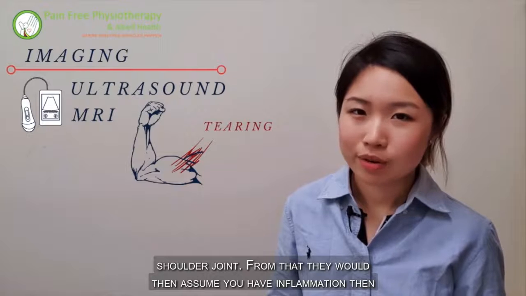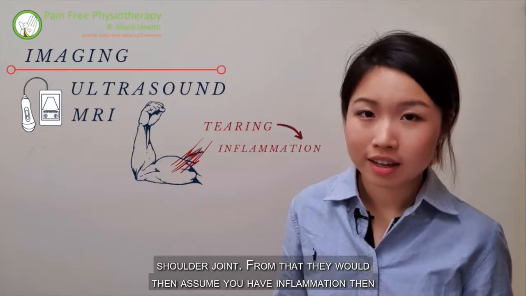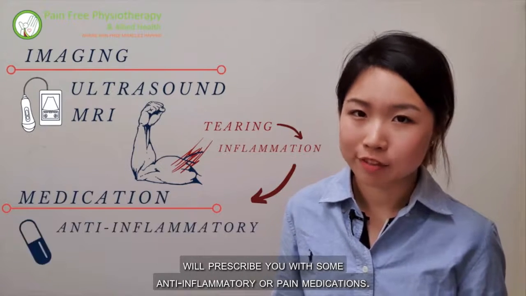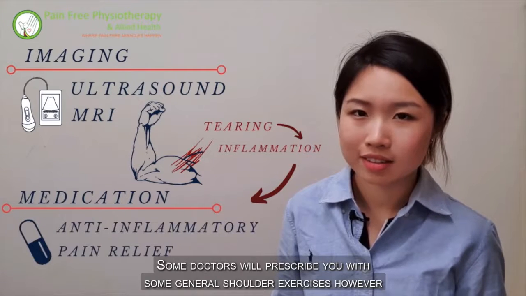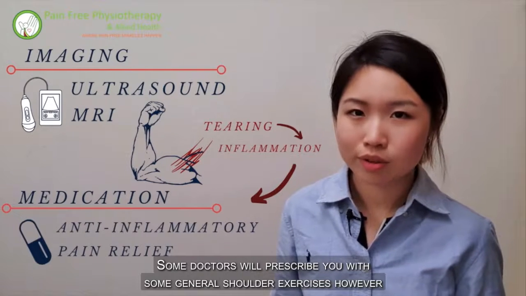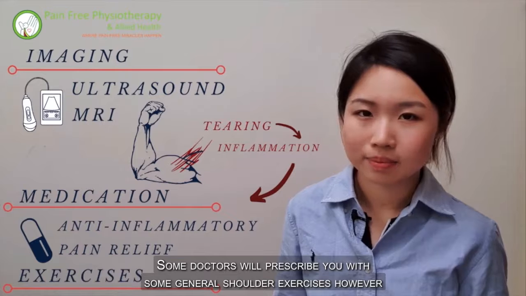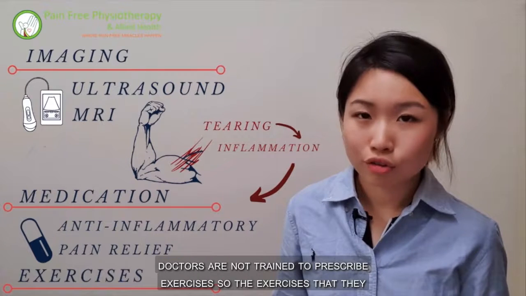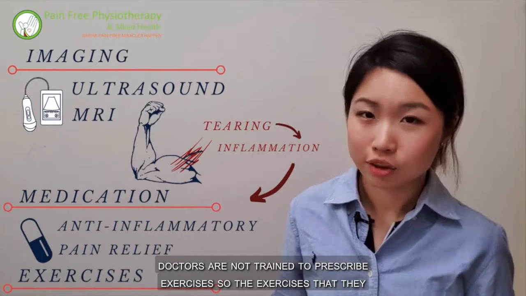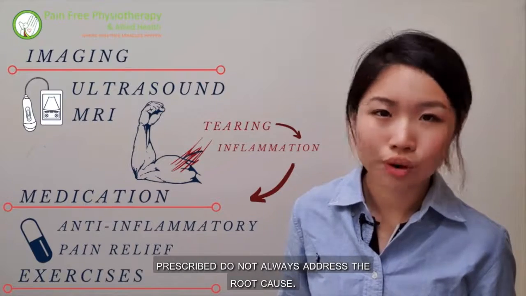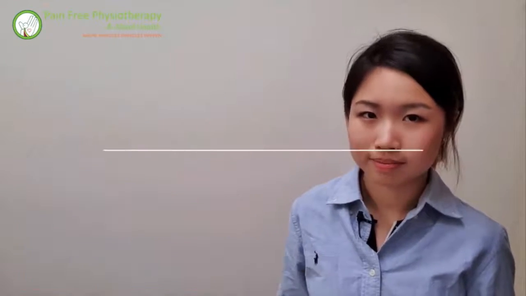From that, they will then assume you have inflammation, then will prescribe you with some anti-inflammatory or pain medications. Some doctors will prescribe you with some general shoulder exercises. However, doctors are not trained to prescribe exercises, so the exercises that they prescribe do not always address the root cause.